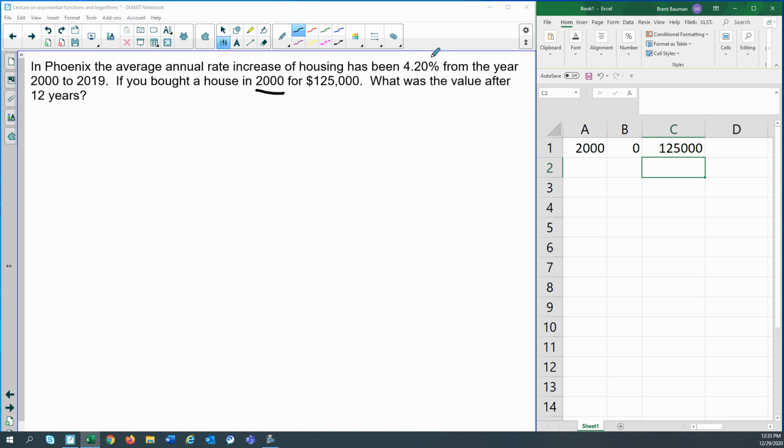We know that it is increasing on an average of 4.2% per year. So in year 2001, that would be 1 year after, we need to find the new price. So if something is increasing by 4.20%, we can use the initial cost times 1 plus the increase, 4.20%.